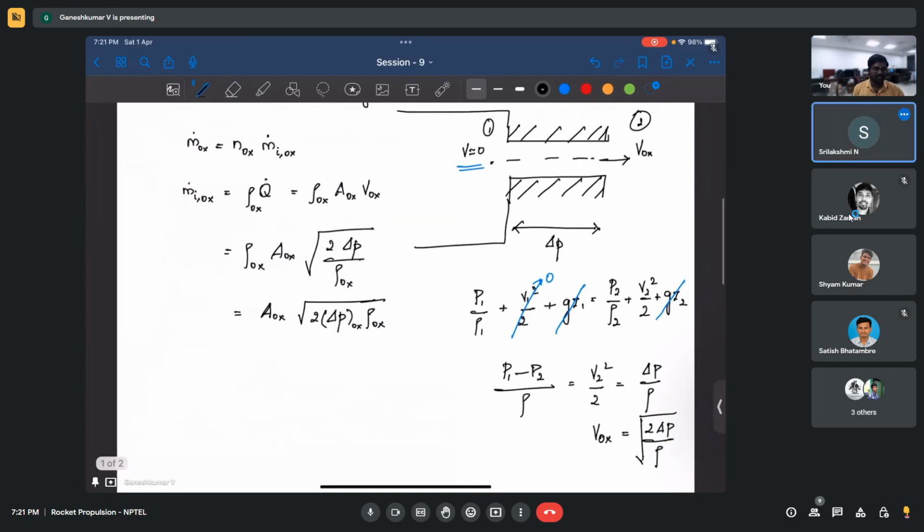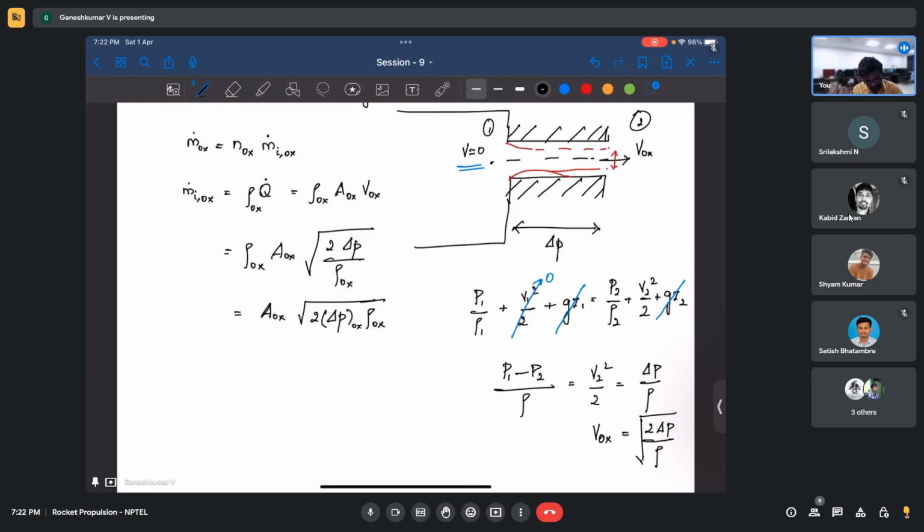Yes, we just used the Bernoulli equation, right? But you should understand the Bernoulli equation may not be very accurate in this place. There will be separation happening, reattachment happening. All these things will happen in the orifices, and your exit area is going to get reduced, right?